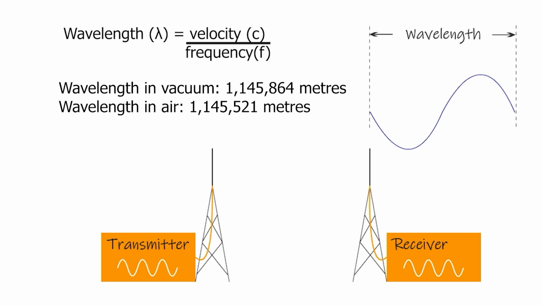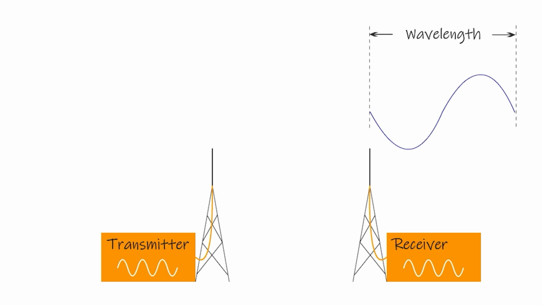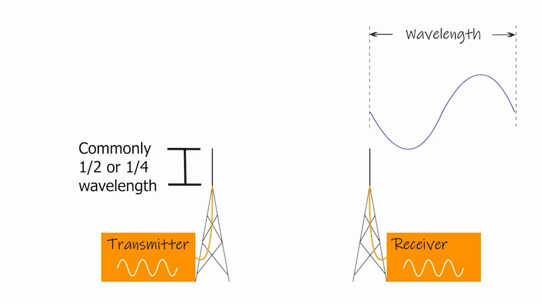Now, if I tell you that to be effective, the length of an ideal transmitting antenna must be proportional to the wavelength, and it's commonly a half or a quarter of the wavelength, you should begin to understand why it's impractical to broadcast audio frequencies directly.